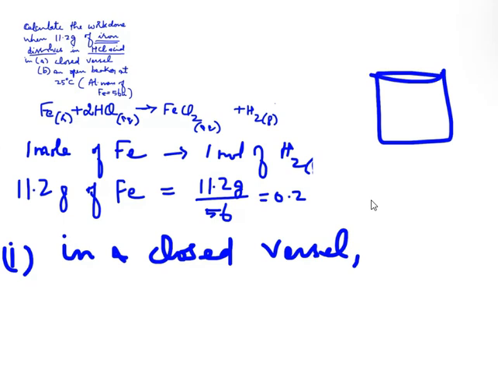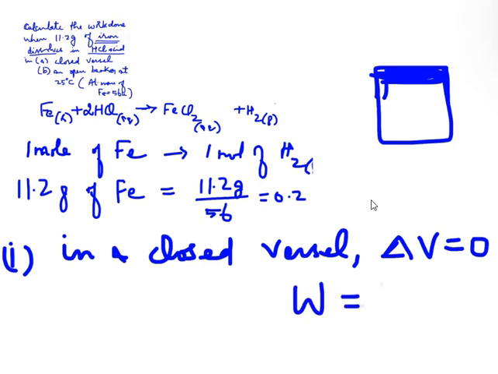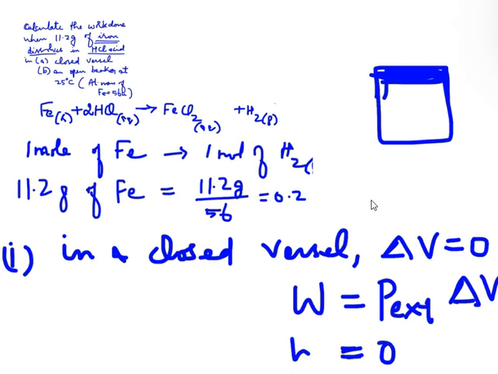Vessel is closed, the volume cannot change. Delta V is 0. Work done, which is P external times delta V. Since delta V is 0, work done will also be 0 by the system. So W is going to be 0.